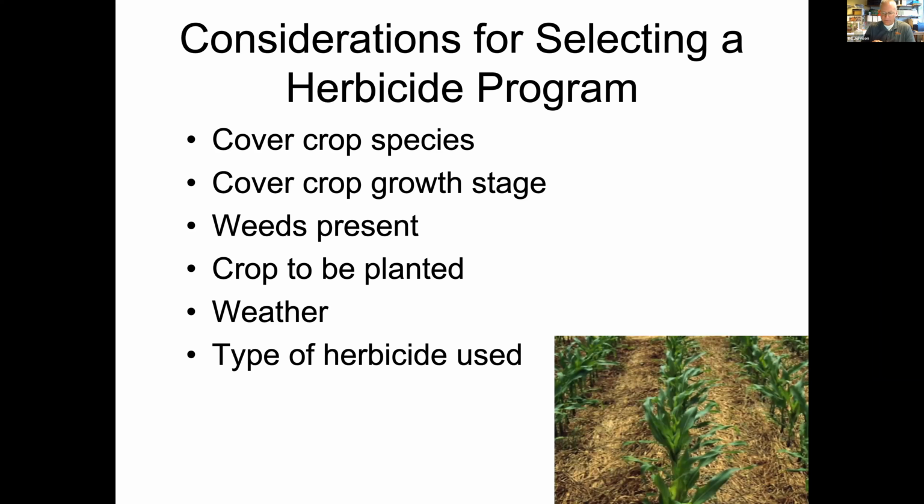And I wish it was as simple as everybody having a silo full of glyphosate and we just spray as much glyphosate as we need and it kills everything. But particularly this herbicide shortage situation is really going to require us to be a lot smarter about using some of these other herbicides in our cover crop termination plan.